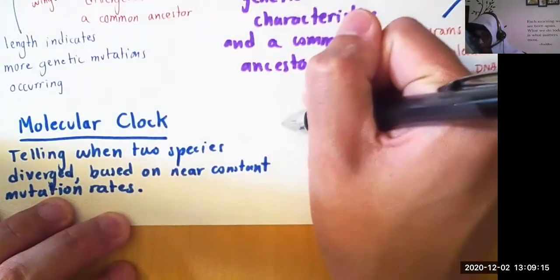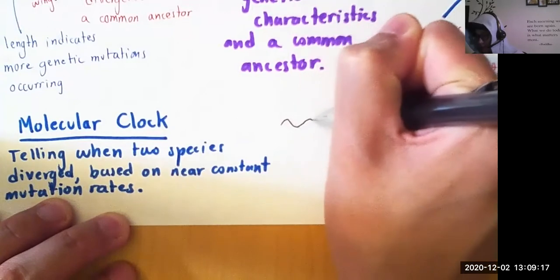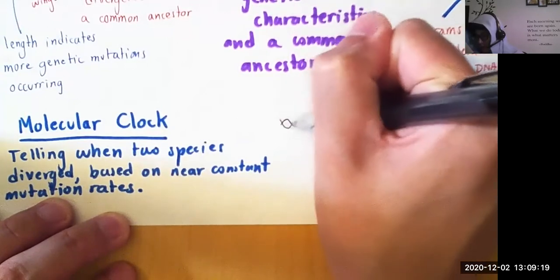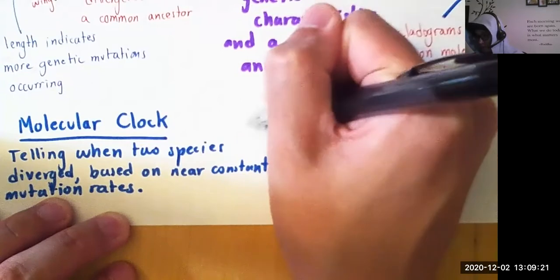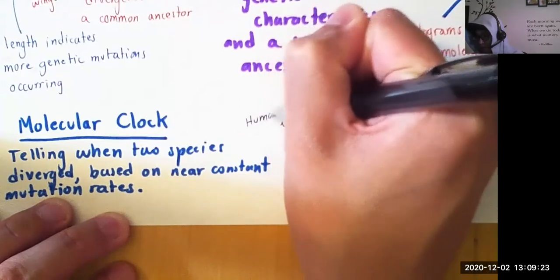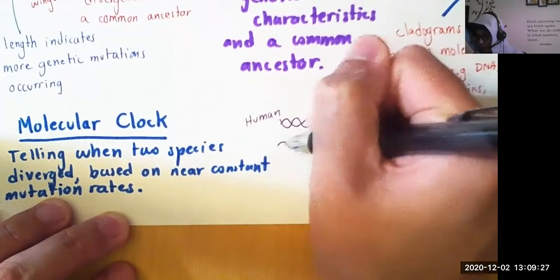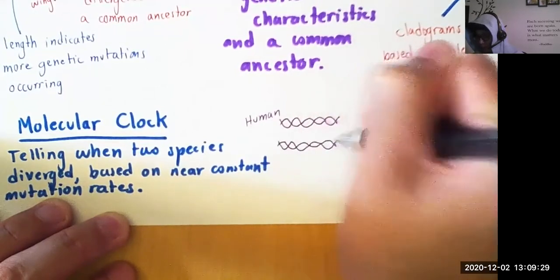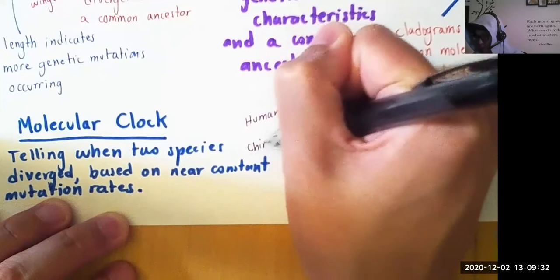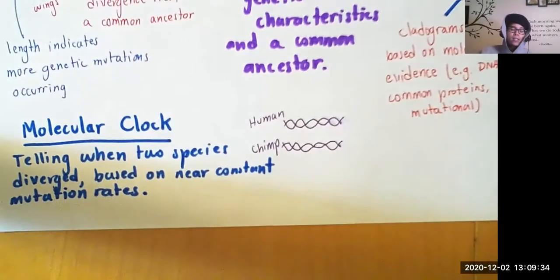Okay, so if we examine the DNA of a human, let's say, and we compare that to the DNA of a chimpanzee, you will find that the human and the chimpanzee have nearly identical DNA.